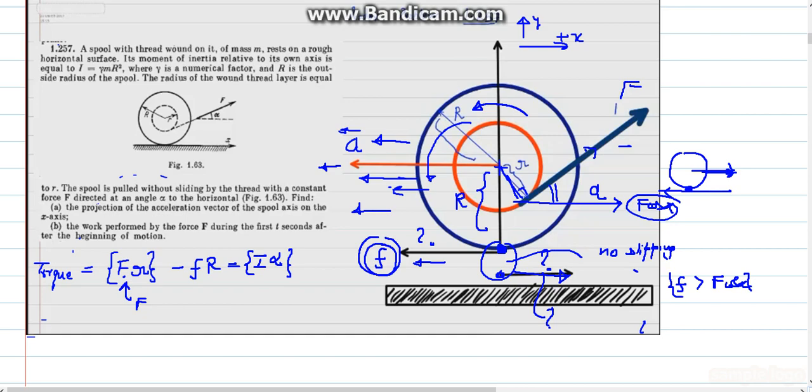Since it's a case of pure rolling, in any pure rolling case, if this is the center of mass, the acceleration of center of mass would be equal to alpha times R, where R is the distance to this point of contact.